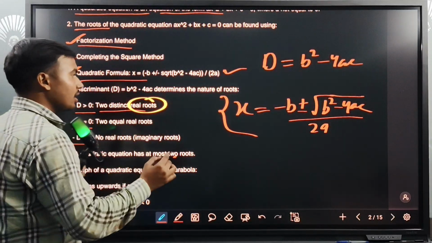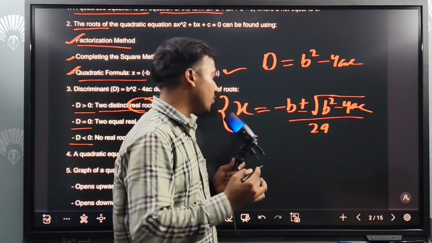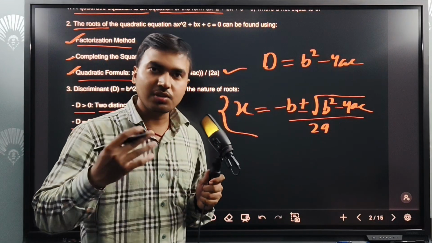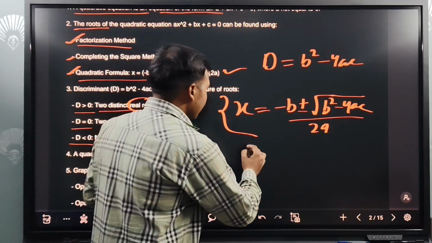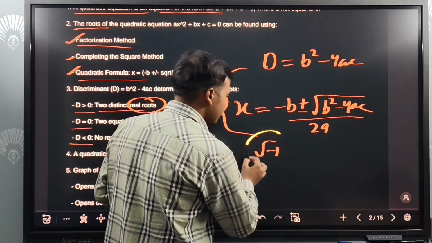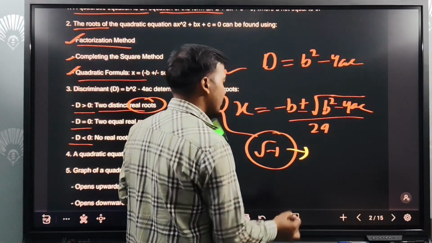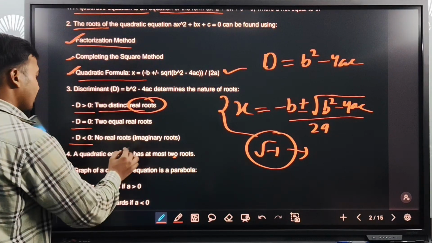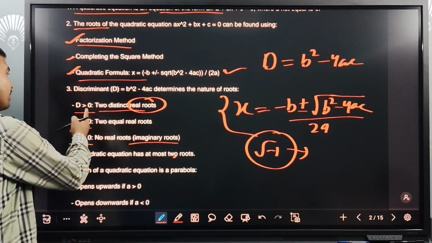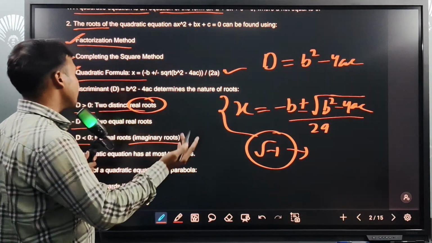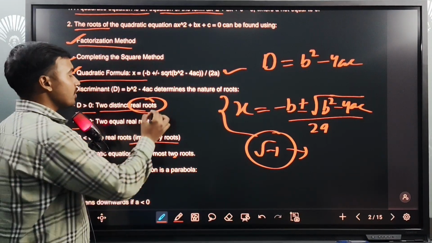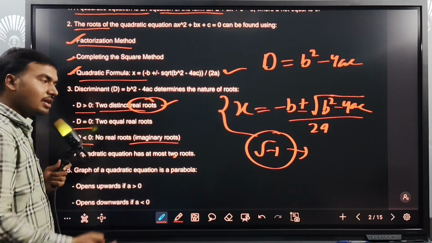Real means the zeros which come will not be in the form of root under minus 1. A number of that form is said to be not real, that is, imaginary. So when the discriminant is greater than 0, two distinct roots will be there and both will be real.